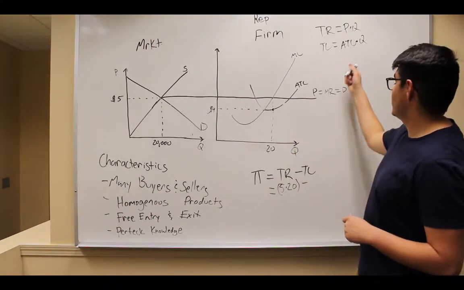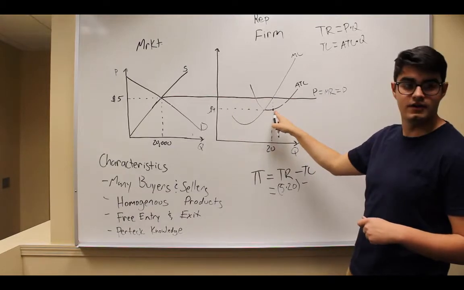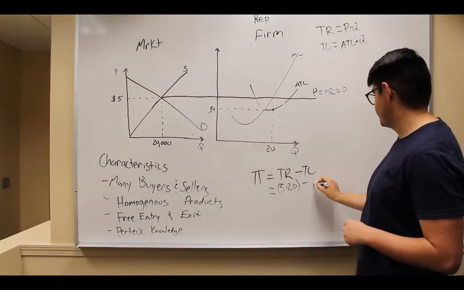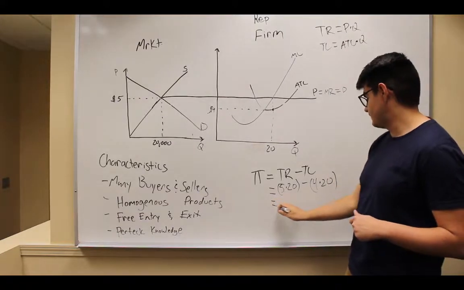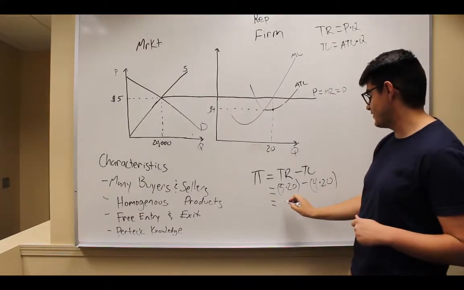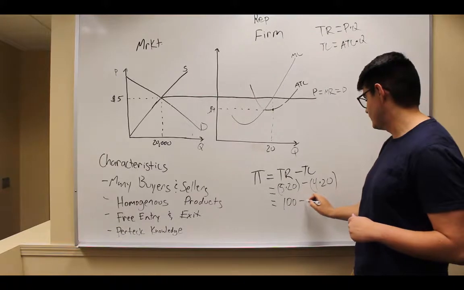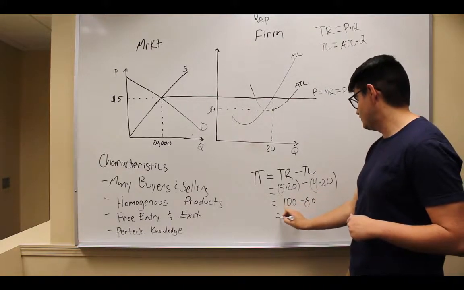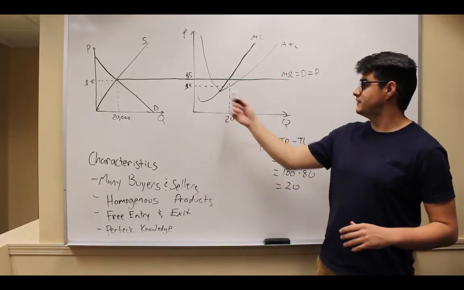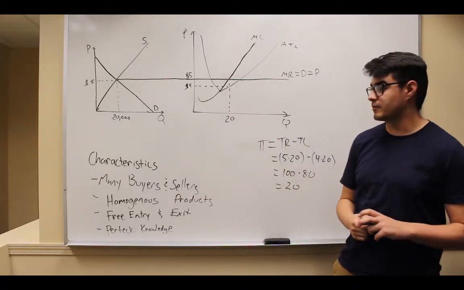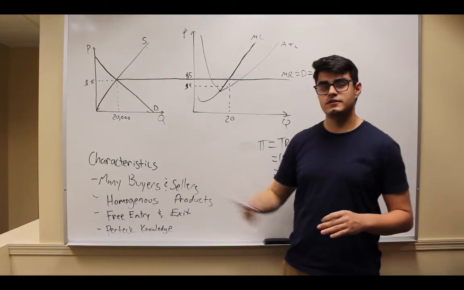Our average total cost is $4 at 20 units, so it's 4 times 20. With a little mental math, we have 100 minus 80, which gives us an economic profit of 20.